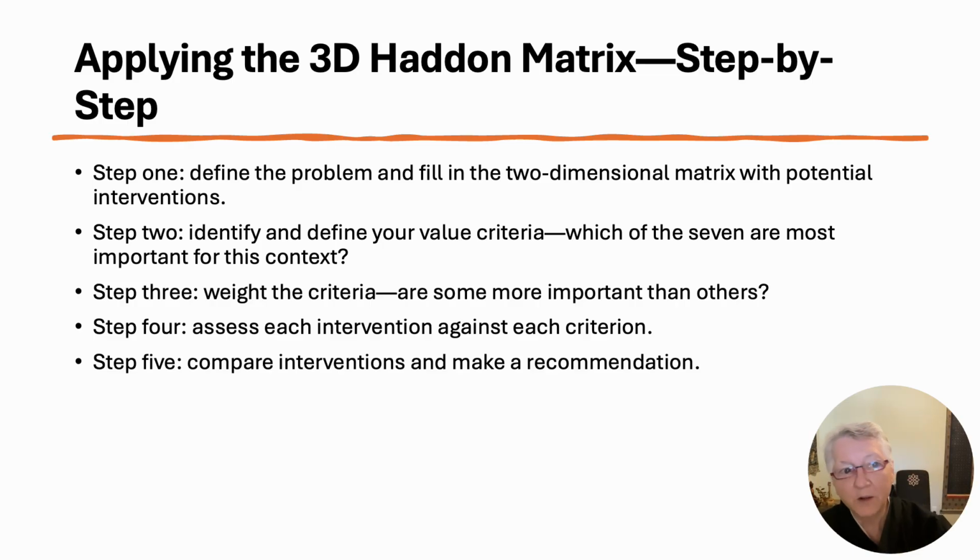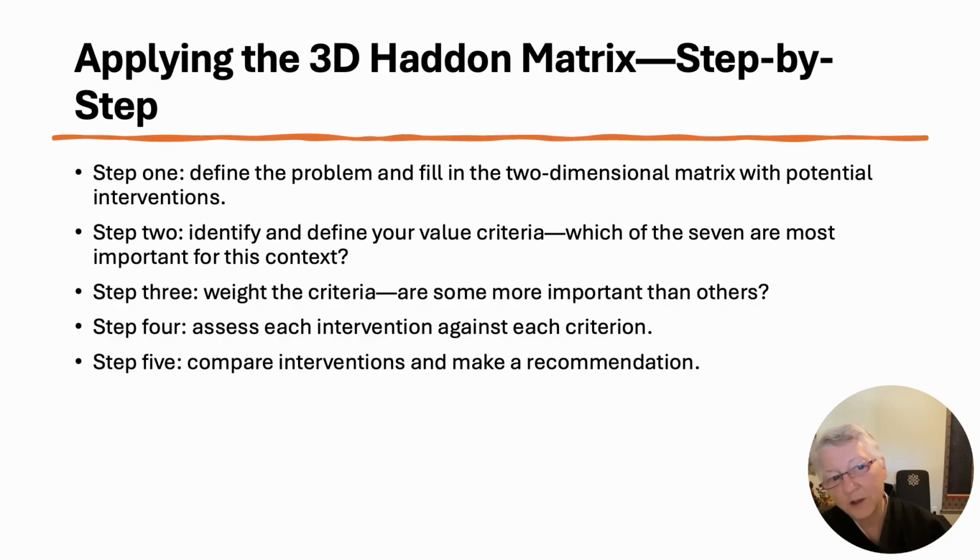Okay, so here's how to use the three-dimensional Haddon Matrix as a decision-making tool. Step one is to define the problem and fill in the two-dimensional matrix with the potential interventions.